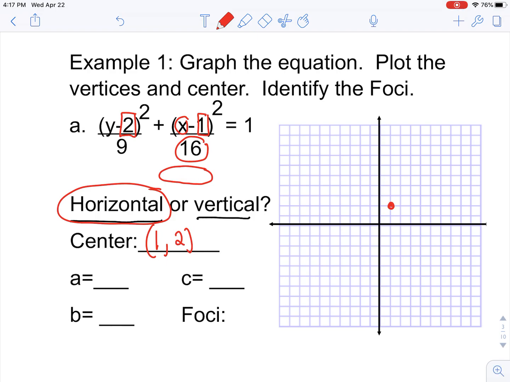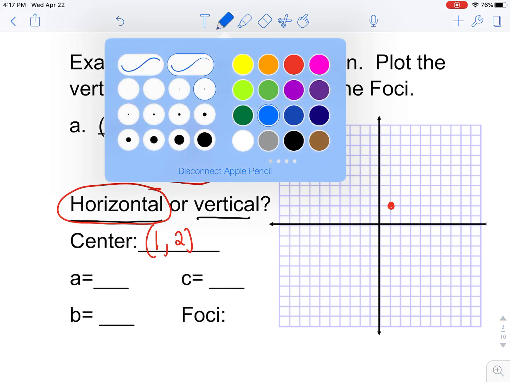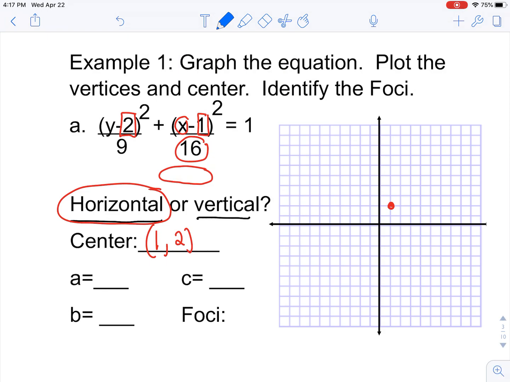Now, my A value is the larger squared term. Remember, A is always larger than B. So if we go back to this 16, this represents A squared, which means our A value is 4. And that's going to tell us the distance to the vertices. Since that larger number is below the X, we're going to go left and right 4 places.